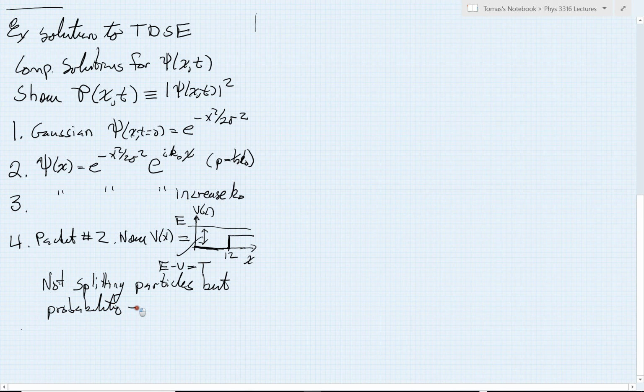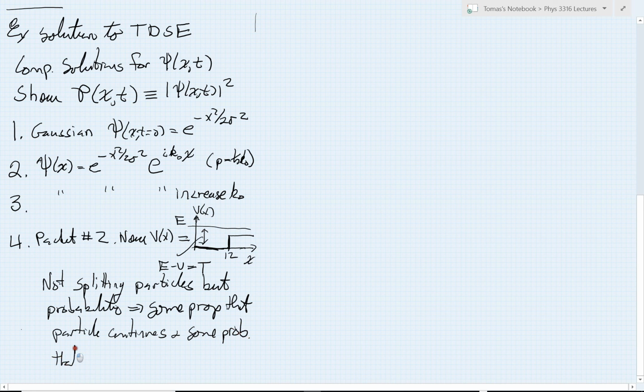What this really means is that there's some probability that the particle just continues along, and some probability that it reflects.